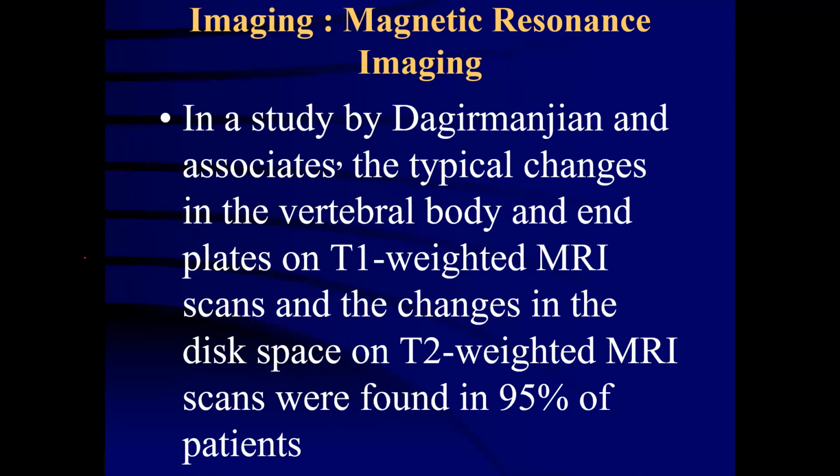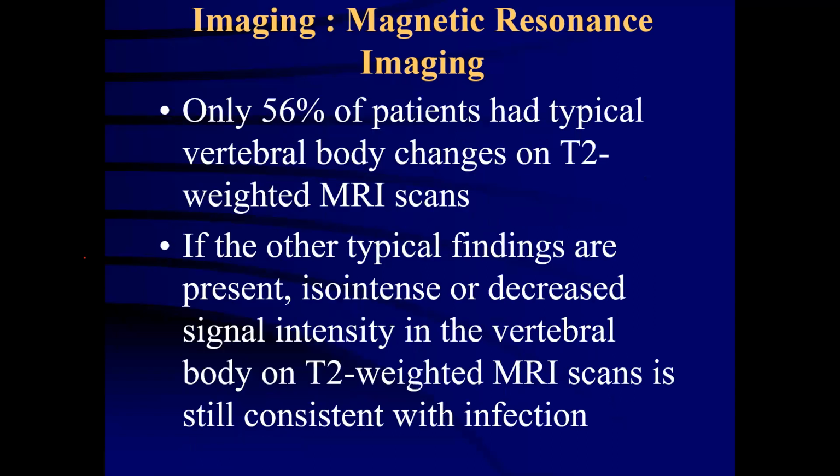In a study by Jan and associates, the typical changes in the vertebral body and end plates on T1 weighted MRI scans and the changes in the disc space on T2 weighted MRI scans were found in 95% of patients.